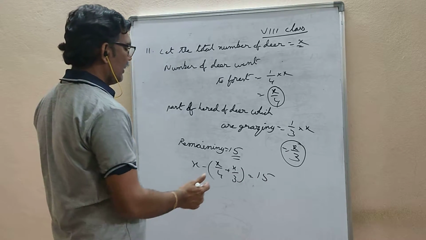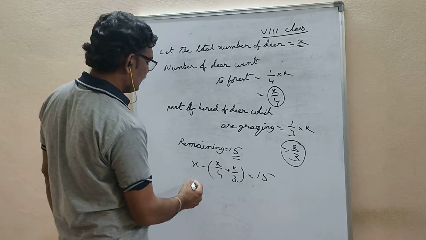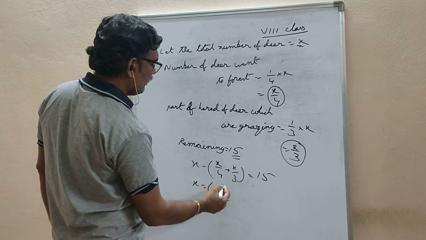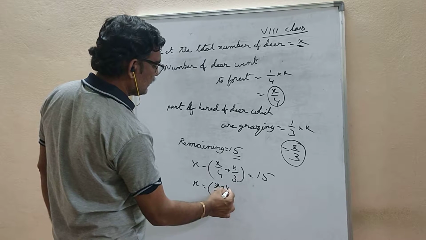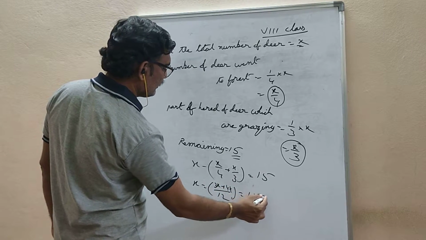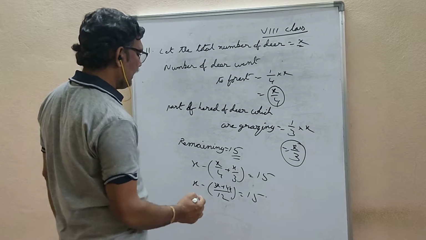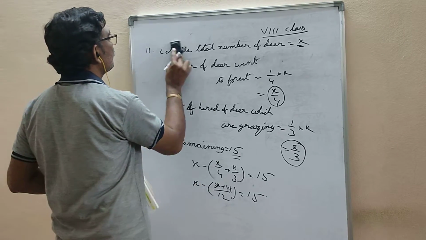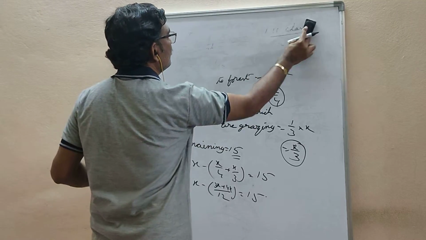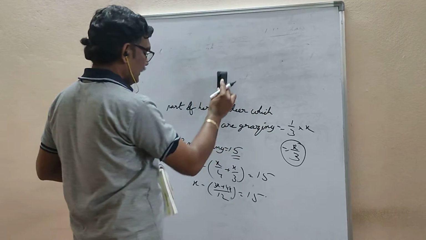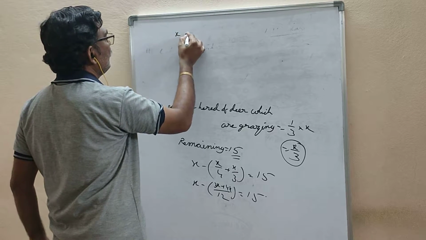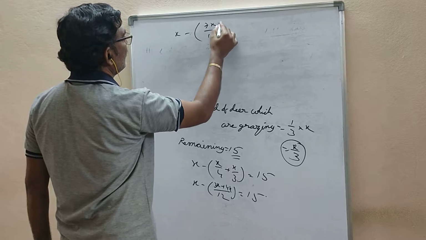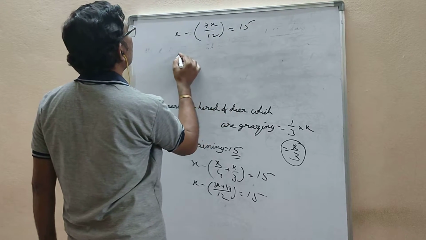Okay. Now how to do the subtraction? That is X. LCM for 4 and 3 is 12. 3x plus 4x is equal to 15. It is x minus, now I am doing it on the top here. Now what remains here? X minus of 3x plus 4x is 7x by 12 is equal to 15.